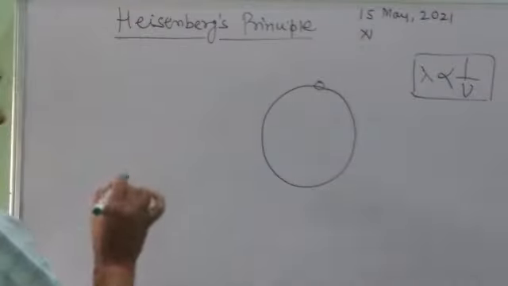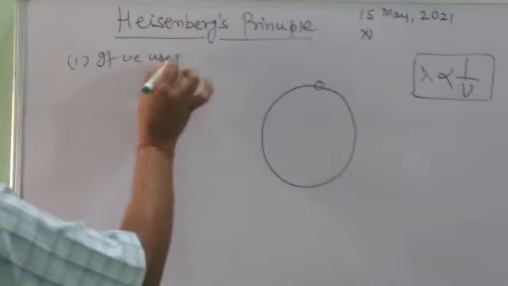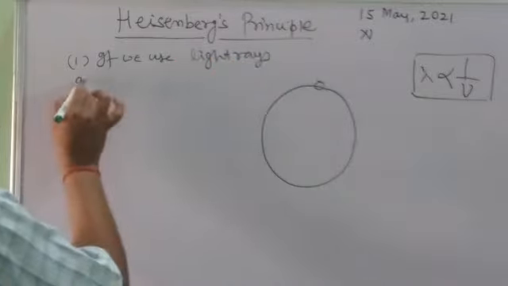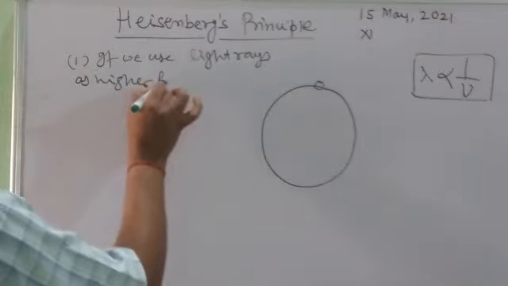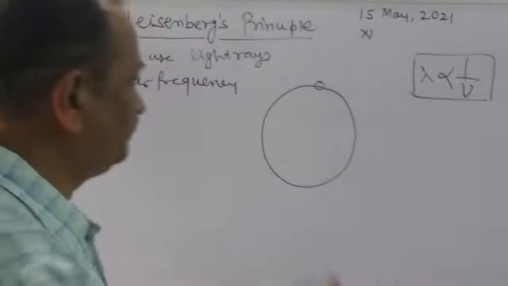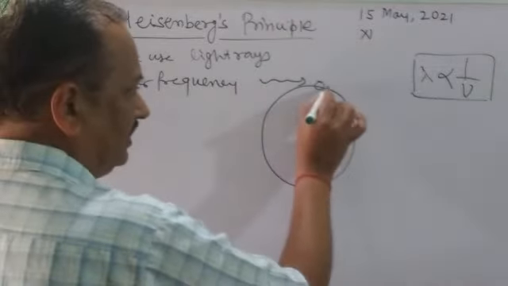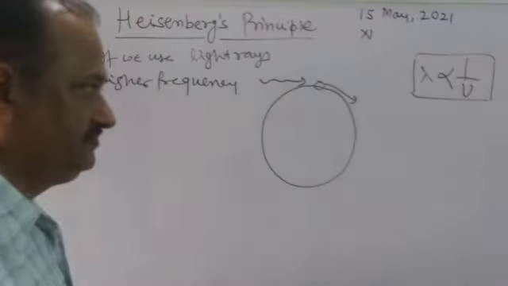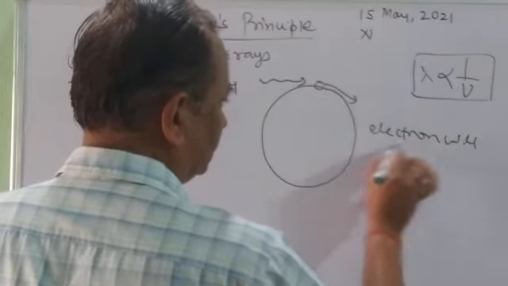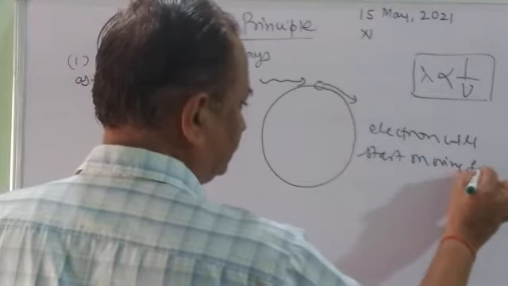Now see how. First condition: if we use light rays of higher frequency, what will happen? There will be an impact. These are the light rays. The electron will start moving faster.